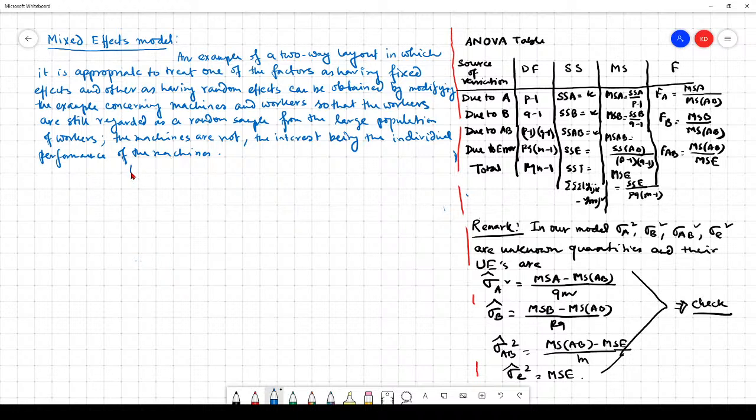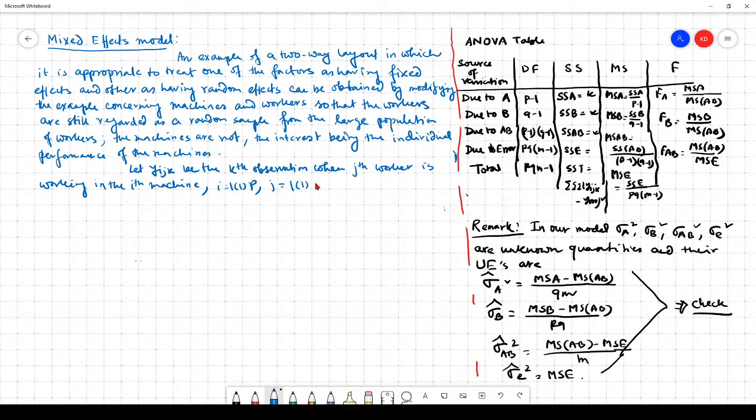Let Yijk be the kth observation when the jth worker is working on the ith machine, where i from 1 to p, that means we have only p machines, j from 1 to q.